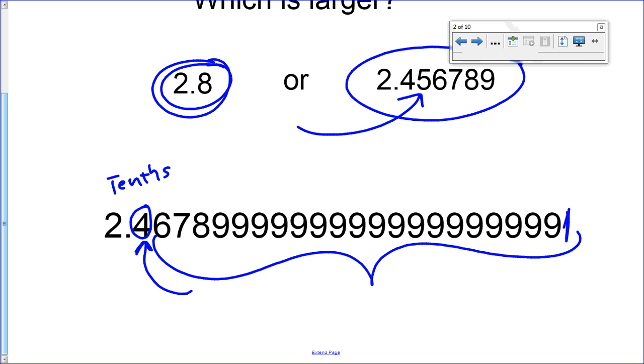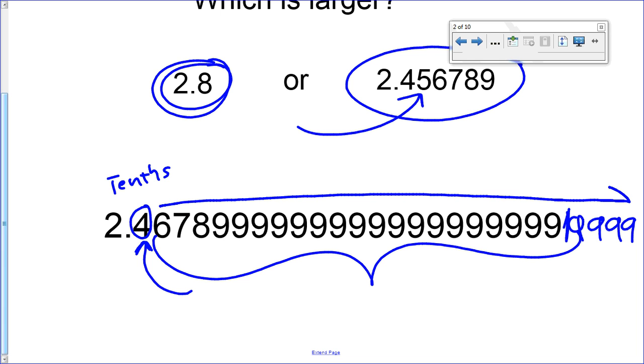Furthermore, what if we were to just keep adding 9s? Maybe another question is, how many 9s would we have to add before the total of all the numbers we've written, if we added them together, would equal this 4, or maybe possibly be larger than the 4?